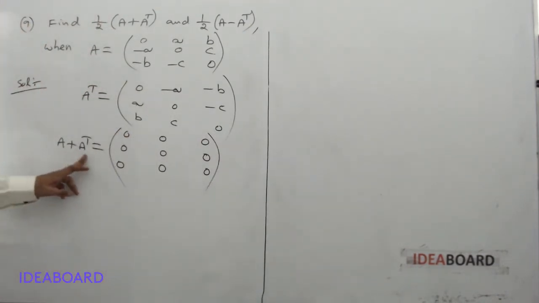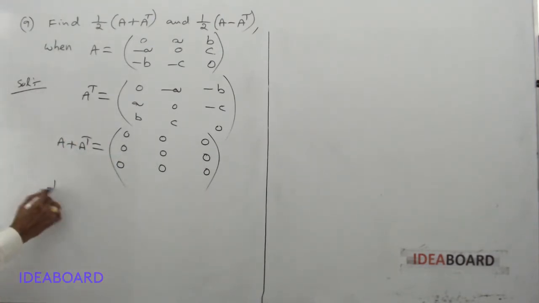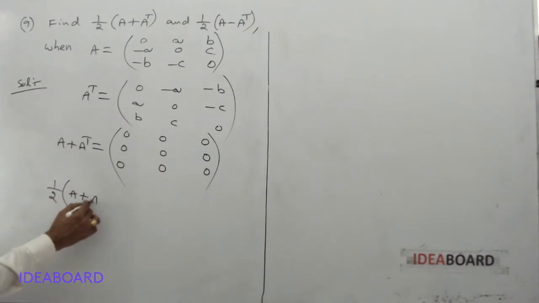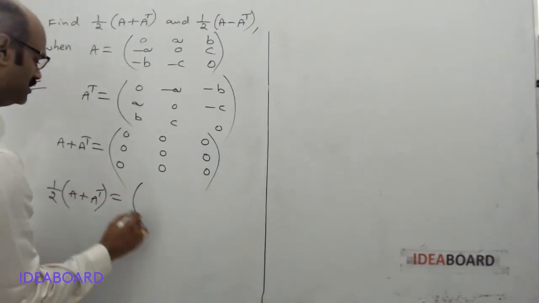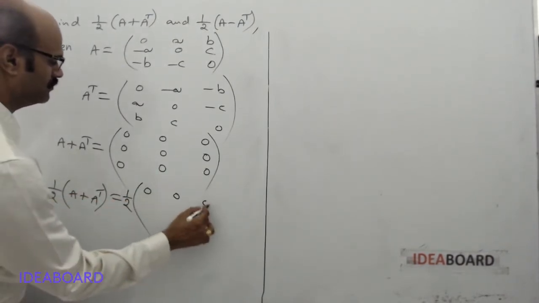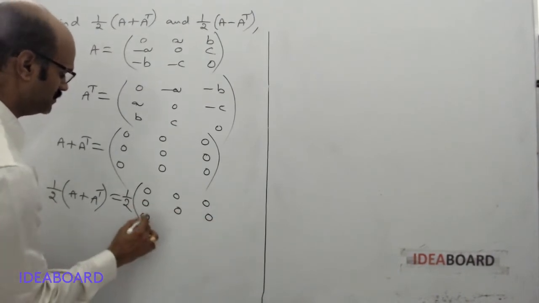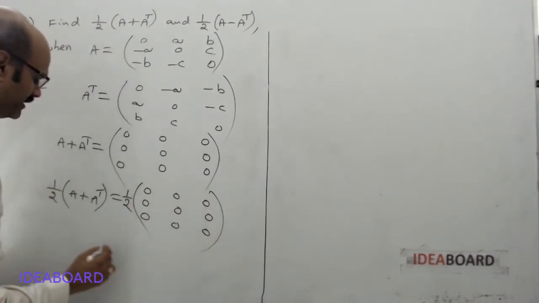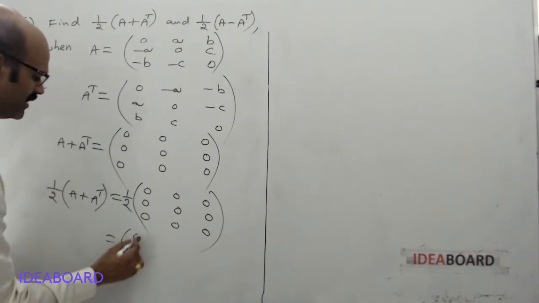So A plus A transpose equal to, we are getting null matrix. Now half into A plus A transpose equal to half into null matrix. So it will be equal to null matrix only.